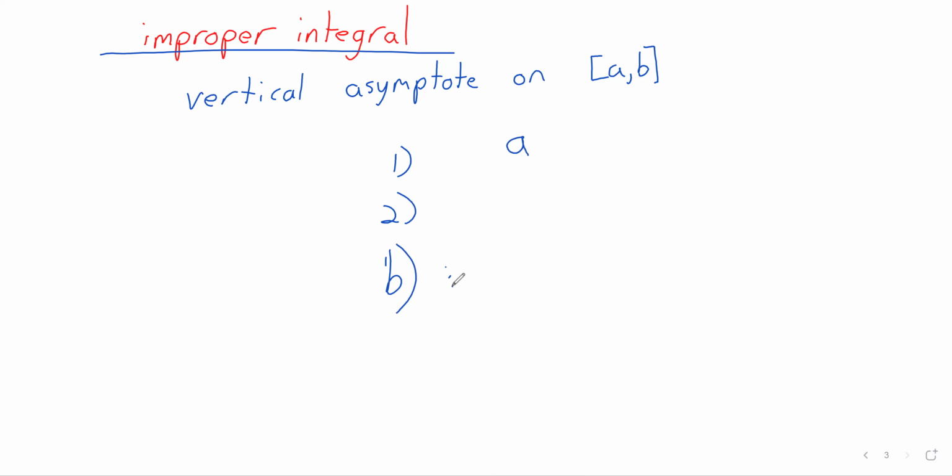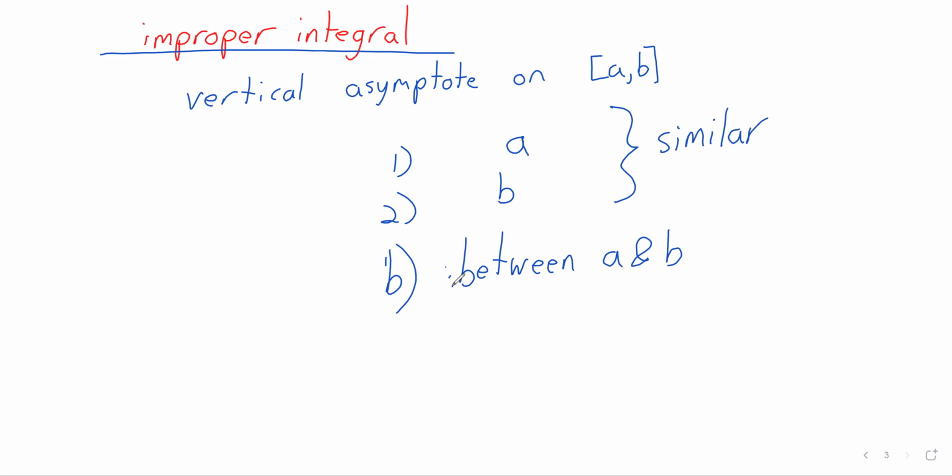It can be at A, it can be at B, or it can be between A and B. But we don't really have to learn 3 different cases. The first 2 cases are very similar.